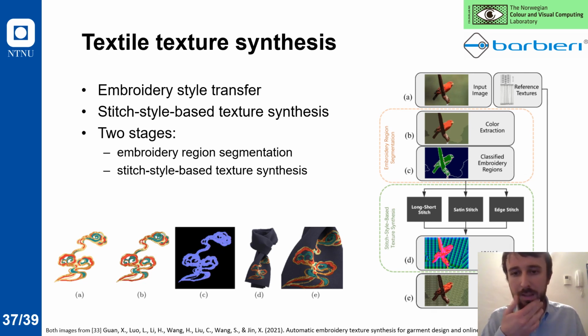And then a second stage, a stitch-style-based texture synthesis that fits the various stitches inside every region. It can be used, as one can see in this bottom image, for 3D reproduction of images and of embroidered objects on the web.